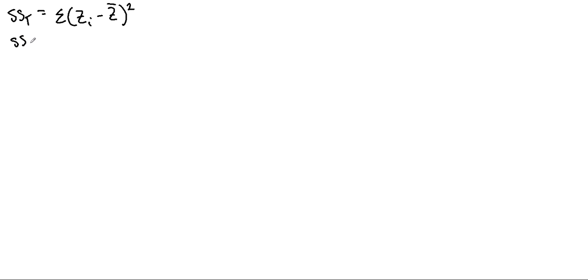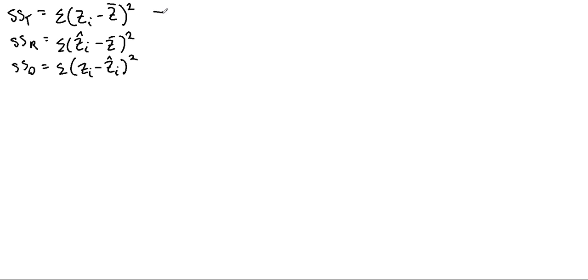And then we have SSR, which is equal to the sum of the modeled value minus Z mean squared. And then we have SSD, which is my residuals, and we have ZI minus Z hat I squared.